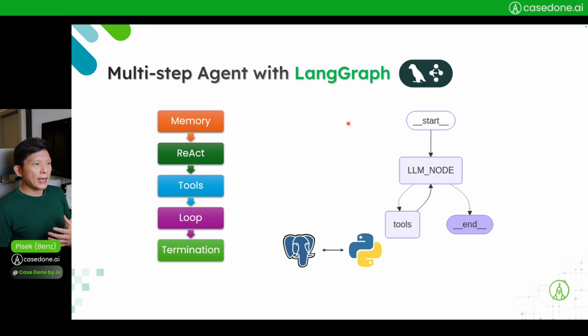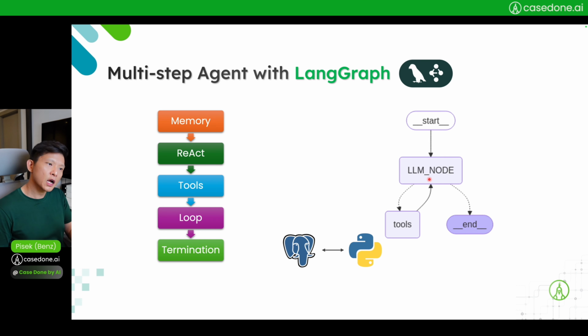And if you watch my earlier videos, these are the main components, at least the necessary components, to enable multi-step agents. Memory, the ReAct framework, forcing the LLM to reason and act and then respond. After that, you equip it with a tool and you have a loop, right?